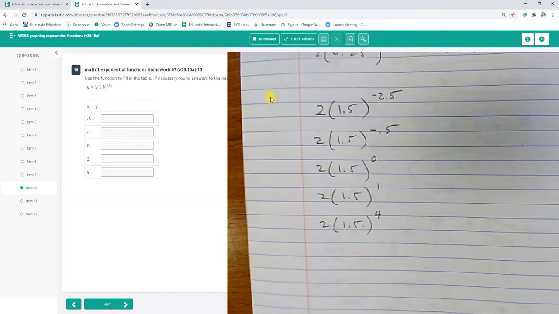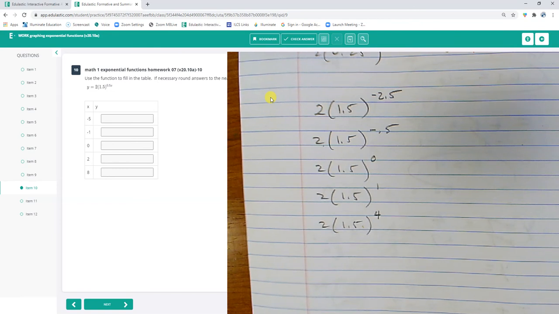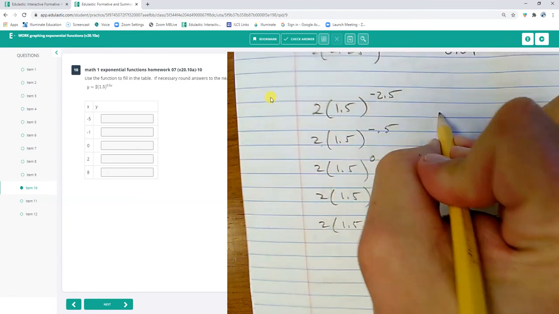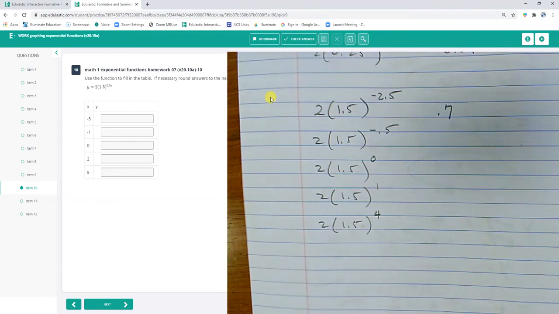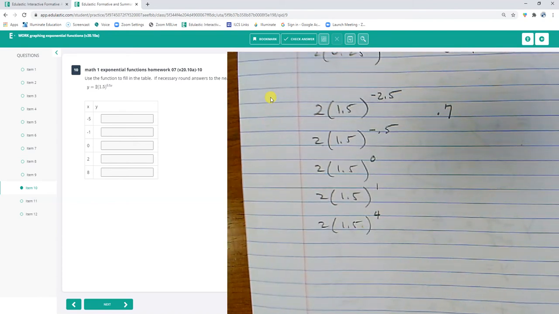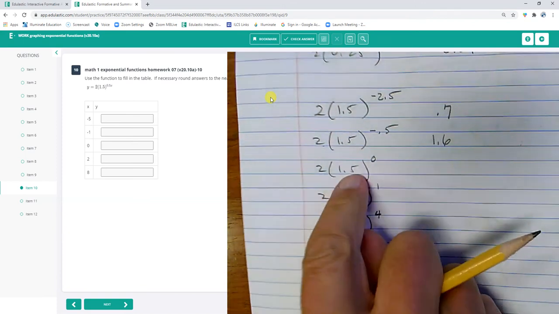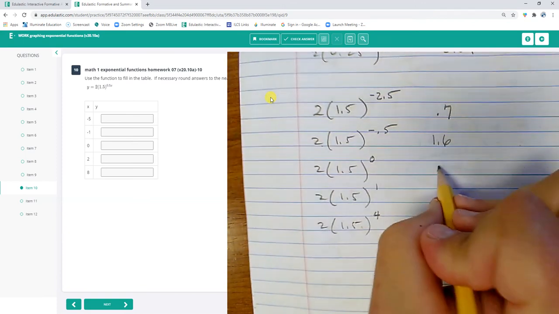Getting the calculator ready to go. 1.5 raised to the -2.5 times 2 gives me a 0.7. 1.5 raised to the -0.5 times 2, 1.6. Anything to the 0 power is 1, so 2 times 1 is 2.